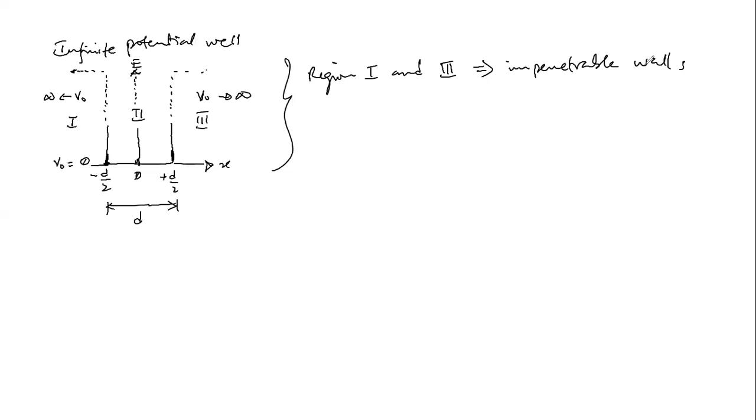So this implies that the wave function at regions 1 and 3 vanishes. So it means that the wave function is the same as 0, since it's impenetrable. Now, if that is clear, then we can quickly put up a model for this idea.